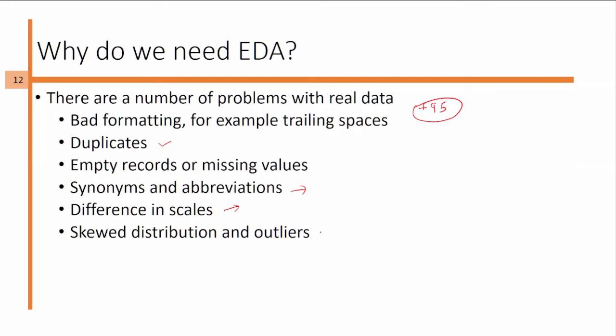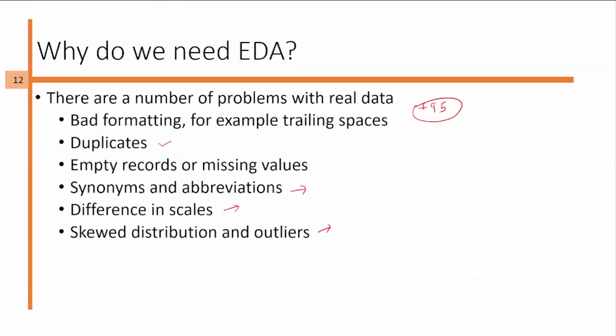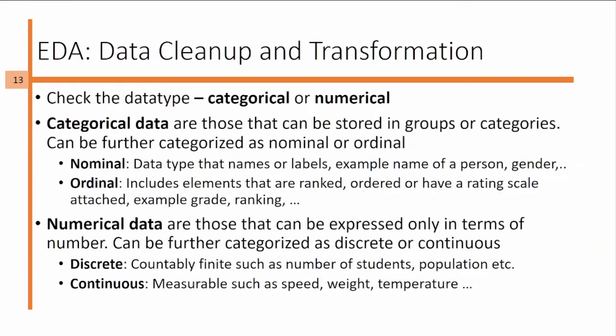And then we can also have outliers. Some of these we can deal with directly when we are using some tool. If we look at data, it can basically be of two types: categorical and numerical.